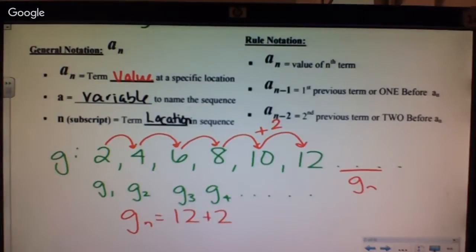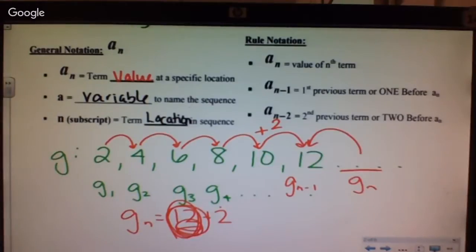I would take 12 and I would add 2. But I don't want to use 12 because I want to be able to replace that with any number that I want. So I replace 12 with G sub n minus 1.